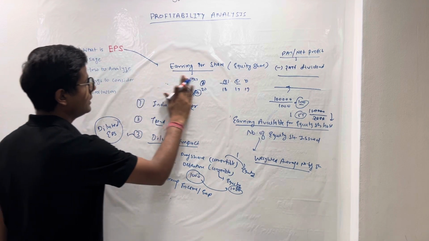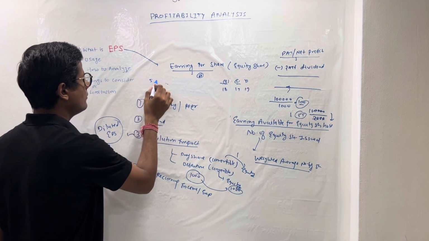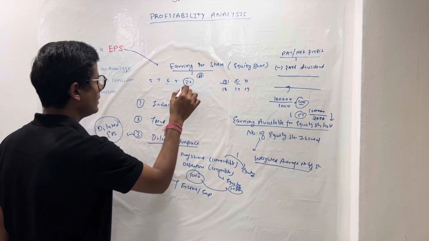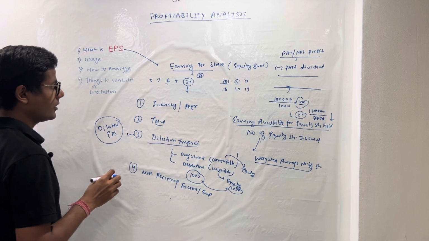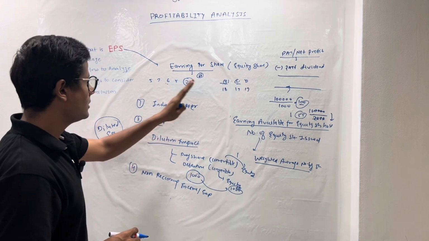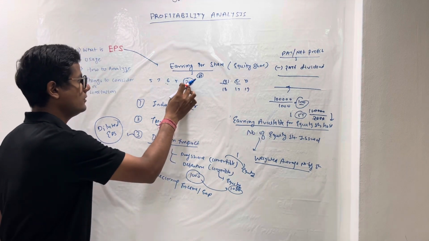Sometimes what may happen is, for this company A, their EPS trend was 5, 7, 6, 5, and suddenly the EPS became 20 in one year. Then you cannot just think, oh, the company has become very good, suddenly it is earning 20.